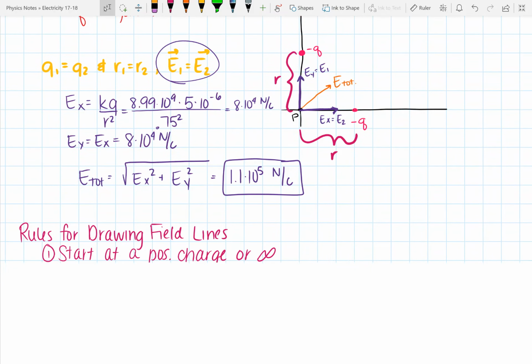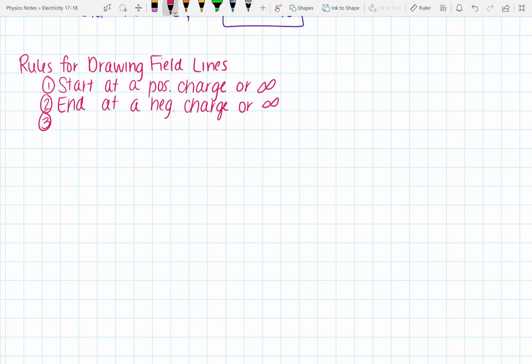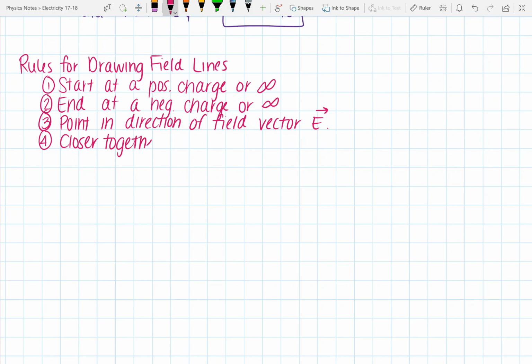Okay, so the third rule is that they point in the direction of the field vector E. Okay, they are closer together where E is a bigger number, so where it has a greater magnitude.